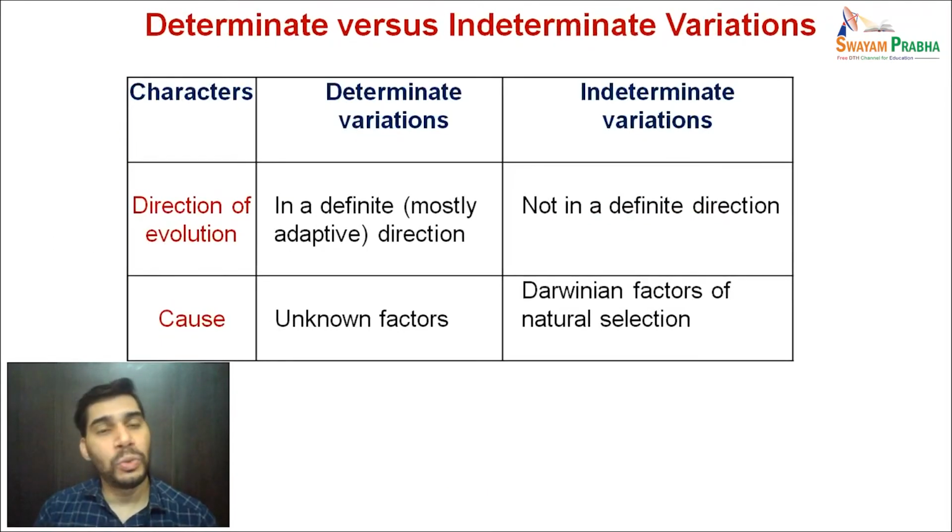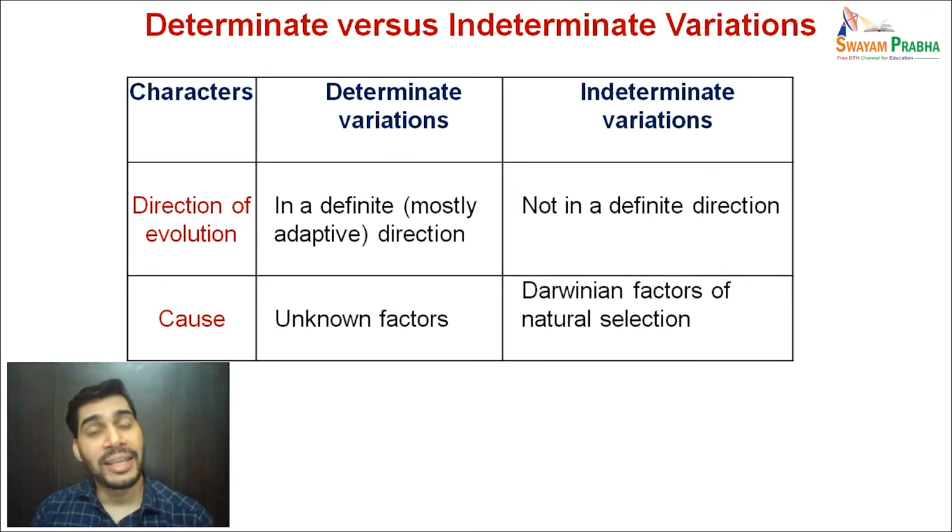Then we do have something called determinate versus indeterminate variations. For example, if you talk about the direction of evolution, if it is a determinate variation, there is a definite direction. There is mostly an adaptive direction in which the variations do exist.